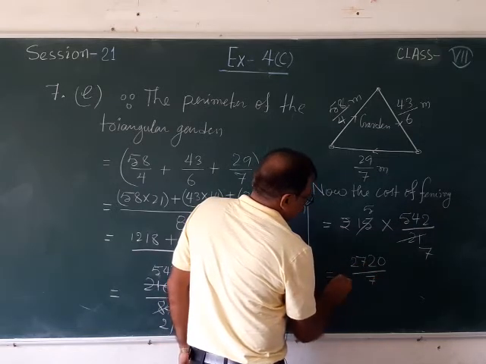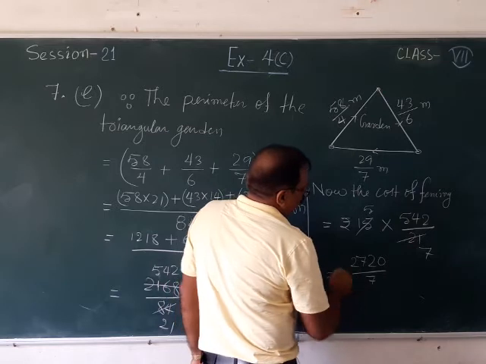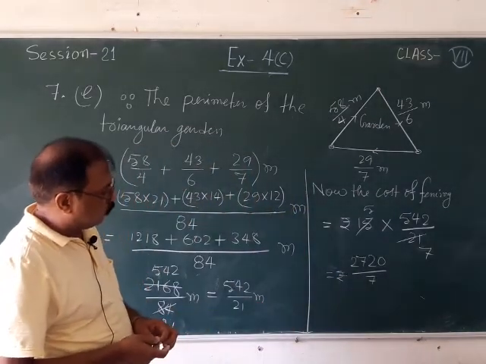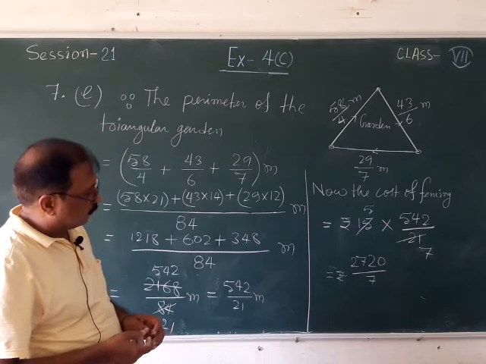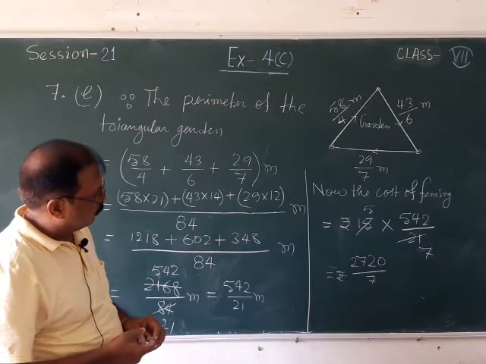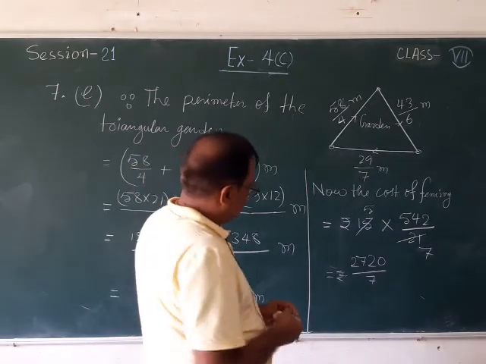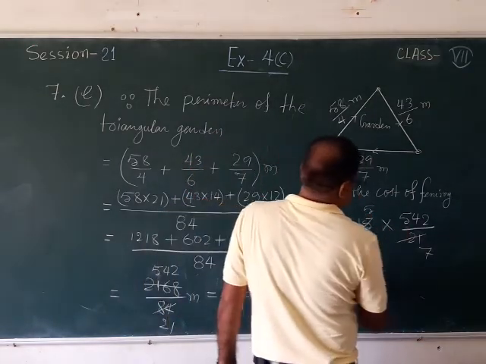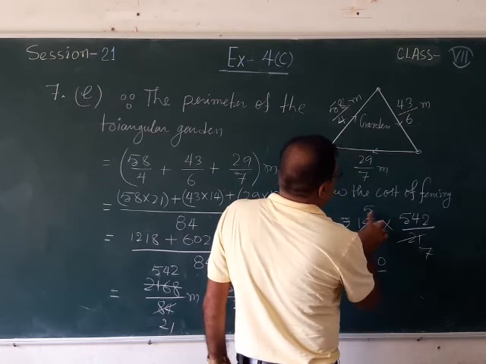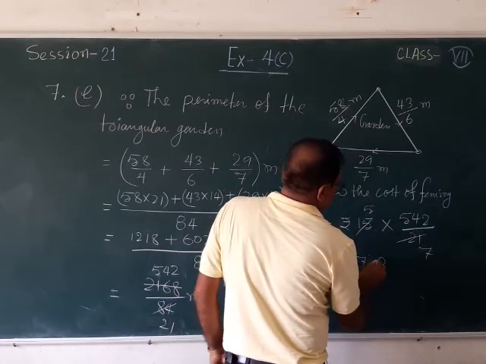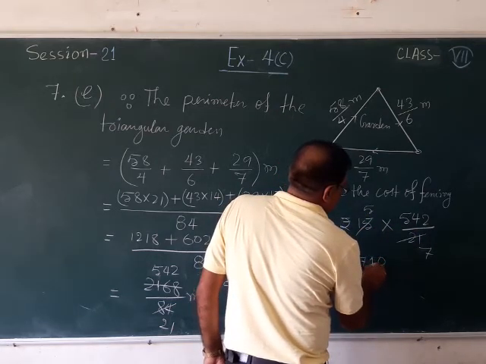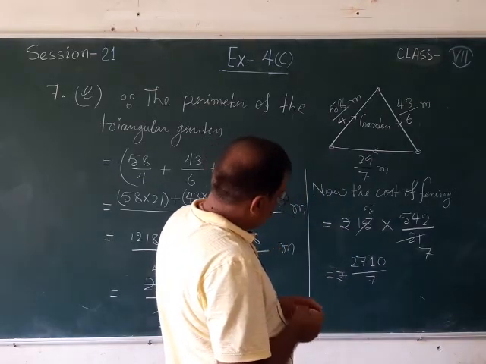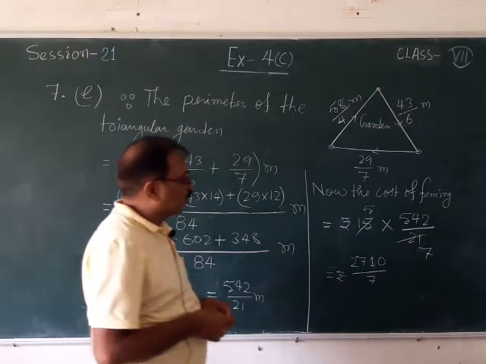Here you can write rupees. Okay, sorry. 5 2 are 10, 0 carry 1, 5 4 are 20 and 1 21, 1 carry 2 and 5 5 are 25 and 2 27, 1 0 it will be.